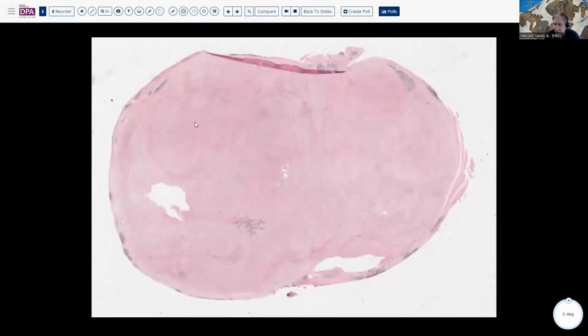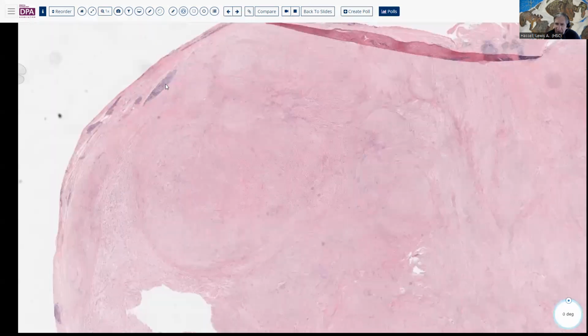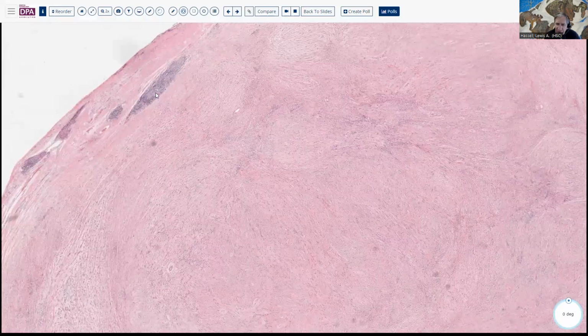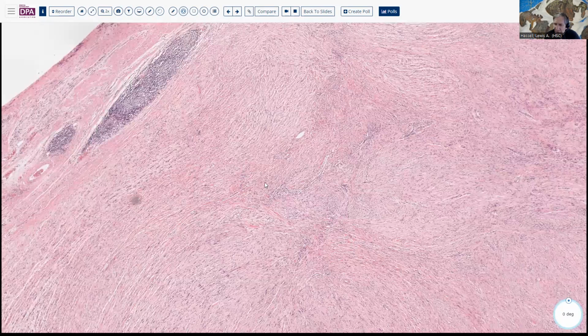We've got another example here. This is an example from an enteric site. And in that location, you will find that this little cuff of lymphoid inflammatory cells can be quite helpful as a diagnostic feature.